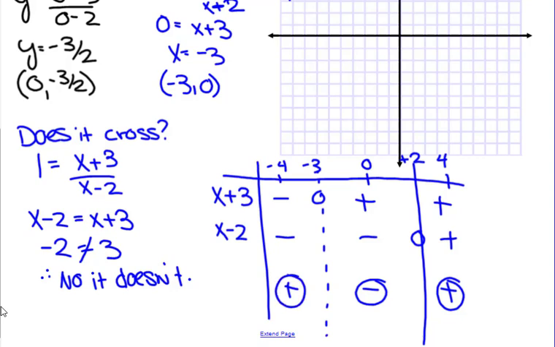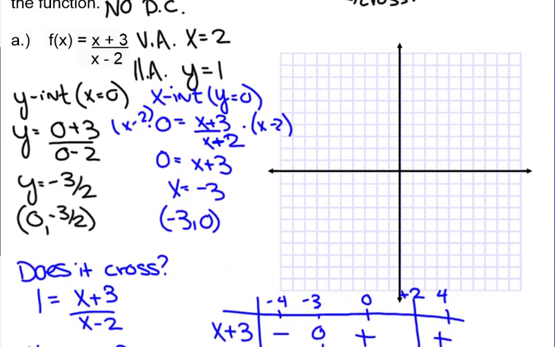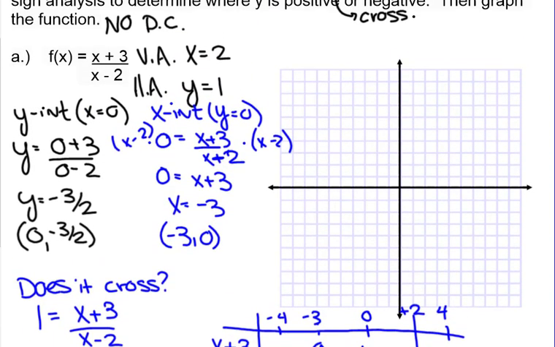And so now we're going to use this information to graph our graph. So to start, I'm going to put in our asymptotes. So we have a horizontal asymptote at y is equal to 1. We have a vertical asymptote at x is equal to 2. We have a y-intercept of 0 and negative 3 over 2.